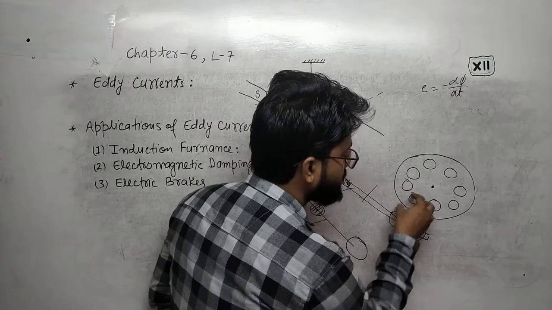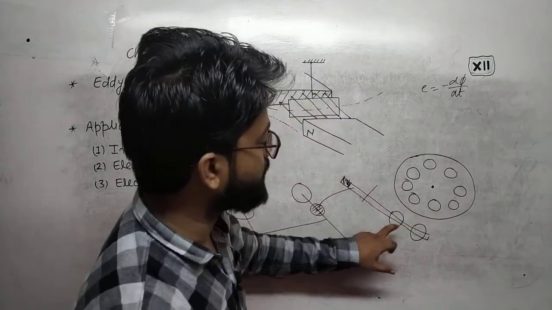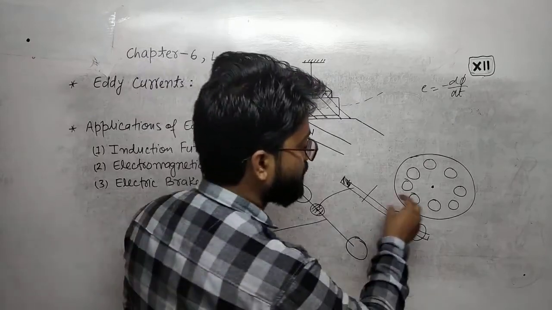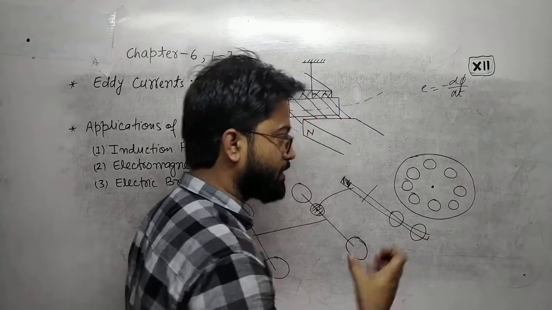When this magnet is here and the disc is rotating, the magnetic flux passing through this particular disc will vary.